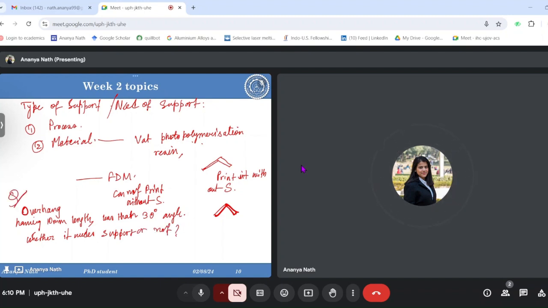The answer will be we cannot determine, because it depends upon the process physics, like which type of AM process I am using and also which type of material I am using.